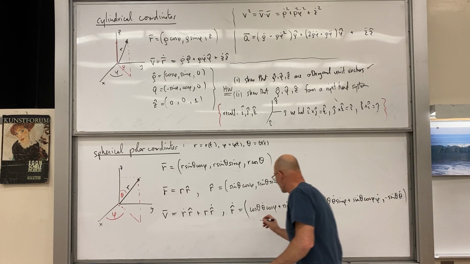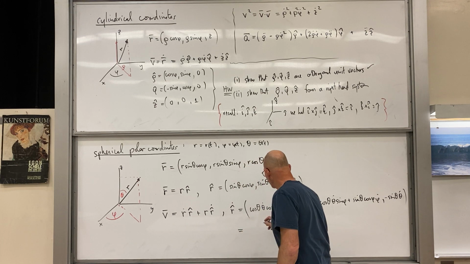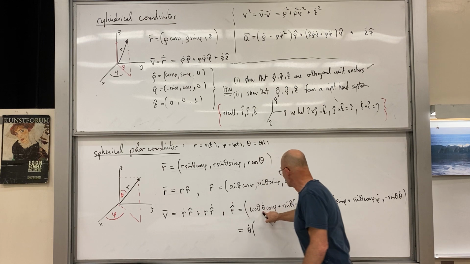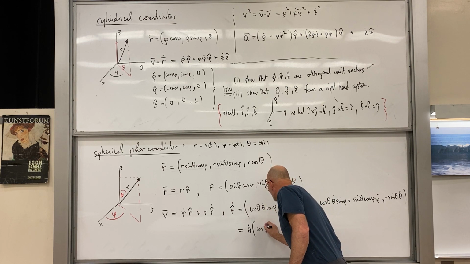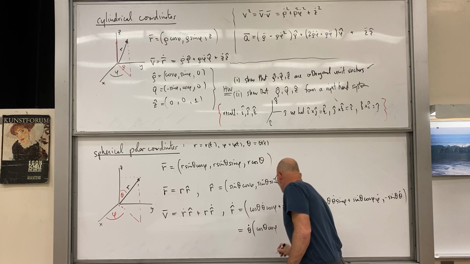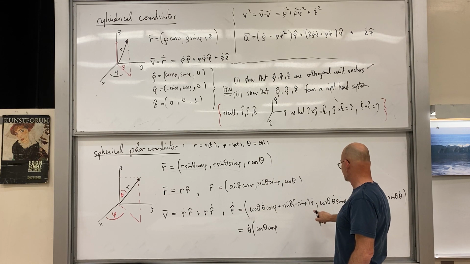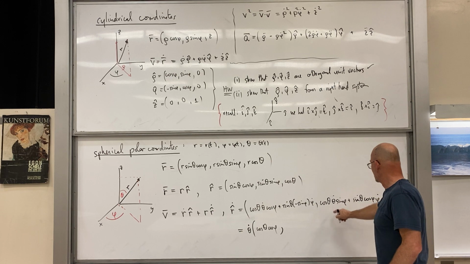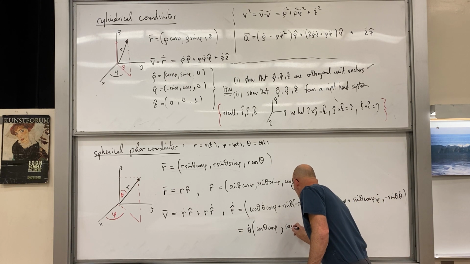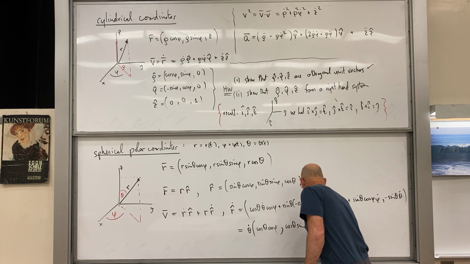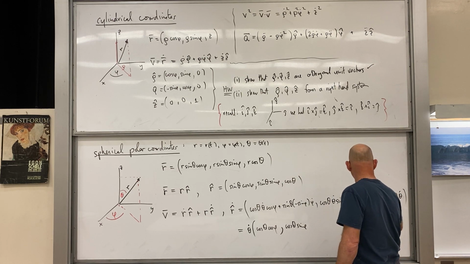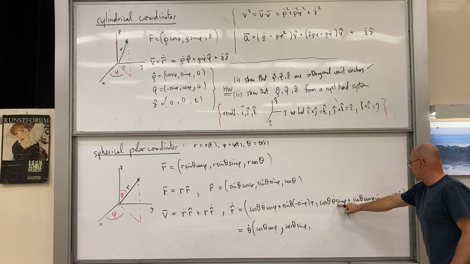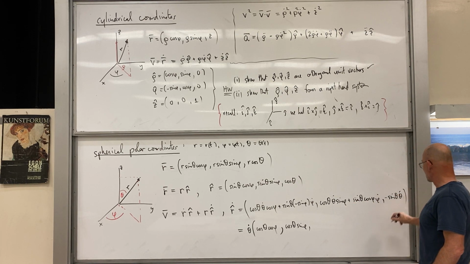So let's see how that works. So the one that has a theta dot would be cos theta cos phi, comma, and then cos theta sine phi, comma, so theta dot there, and then minus sine theta.